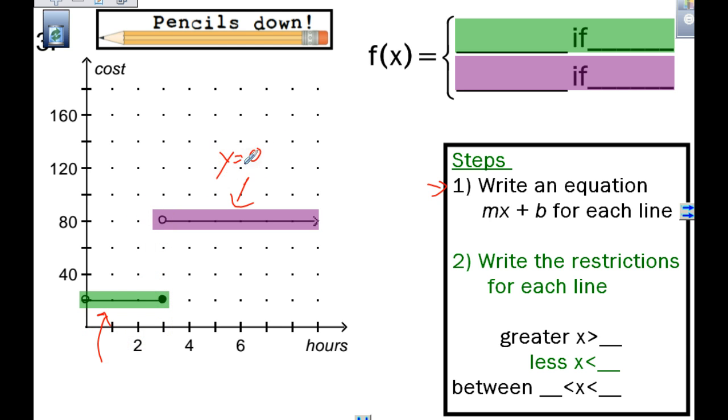So these are both y equals 0x. And what's the y-intercept for each of them? What's the y-intercept here? Yeah, 20. So this is y equals 0x plus 20, which is the same as just y equals 20. And this is y equals 0x plus 80, which is the same as y equals 80.